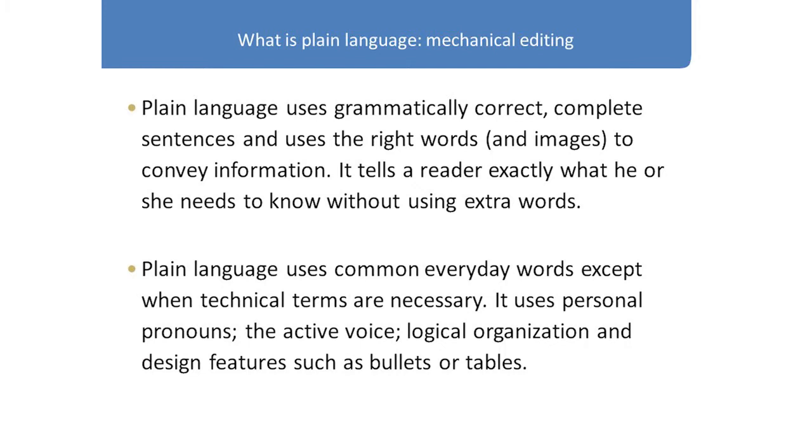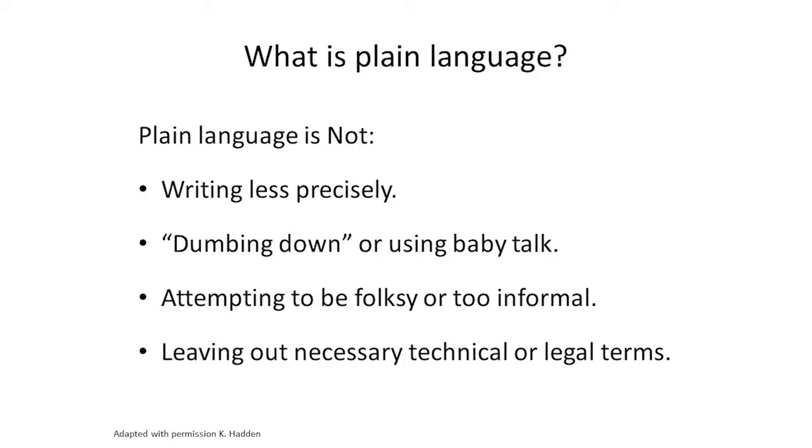Plain language is not writing less precisely. It's that vague message that is confusing. It's not dumbing down. Sometimes people think plain language is dumbing it down. It's not. It's actually smarting it up if you think about it, because you really need to think about what you're trying to say and say it really clearly and specifically so people can't misinterpret it. It's not an attempt to be folksy or informal.